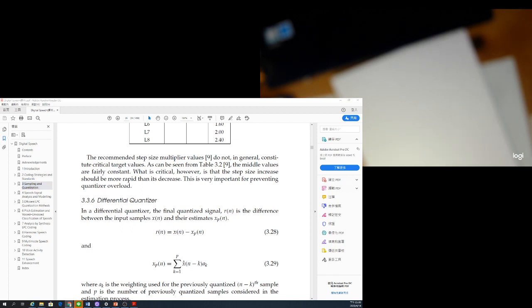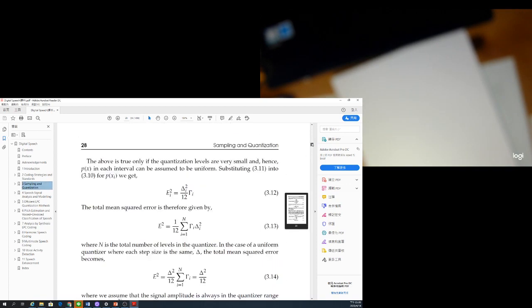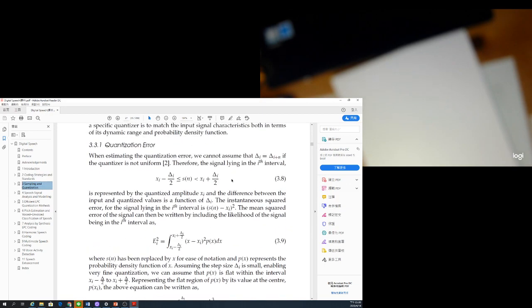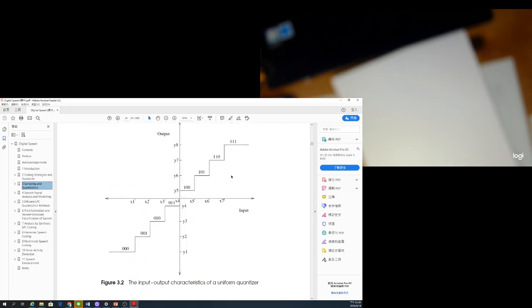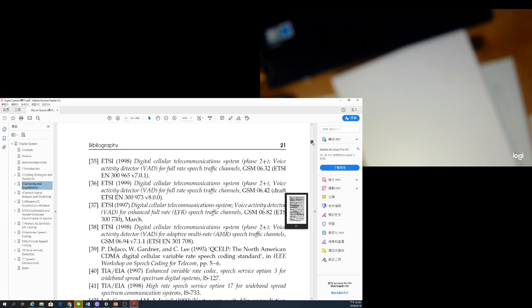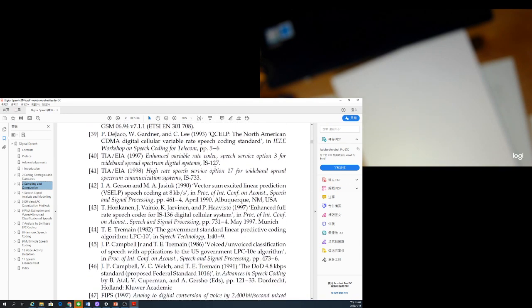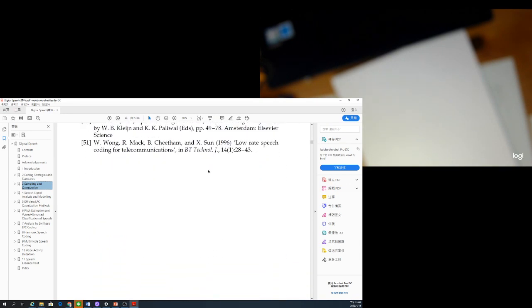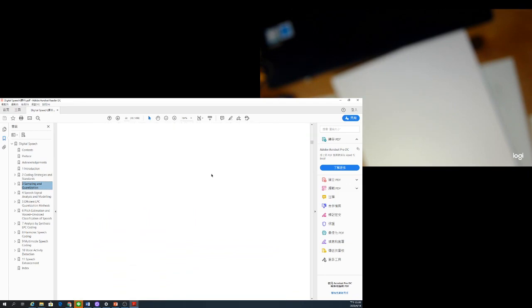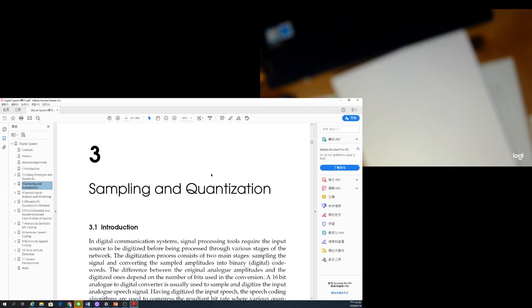Okay, so let me check here. So we have differential quantizer. Let me double check what we are missing before. So we start from the beginning. Chapter 3. Let's go through the textbook and double check what we are missing before.